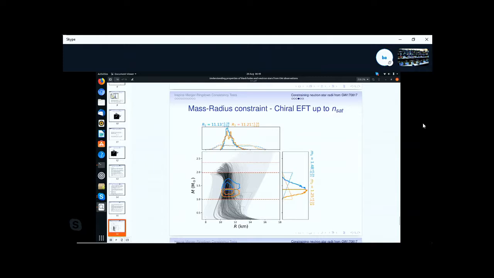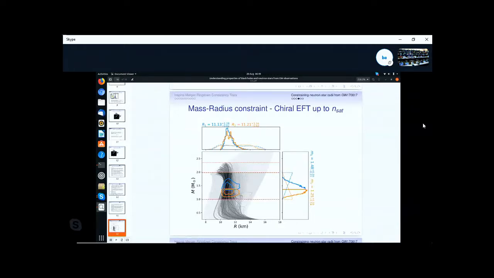The contours in blue are the contours for M1, and the ones in orange are for M2. And the red dashed lines, between 1 and 2 solar masses, are the priors we have in the parameter estimation. And then the dashed red line is the upper limit that we put on the threshold mass for not having prompt collapse. That's probably through 2.35 solar masses.